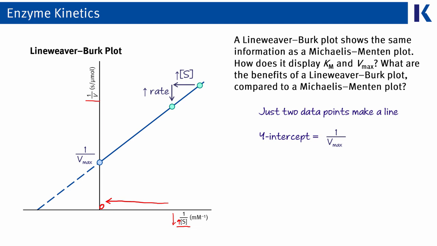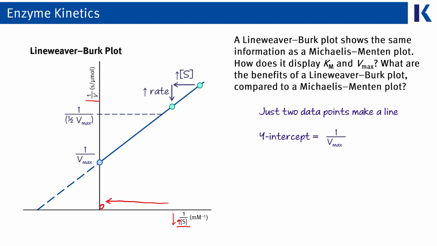The half-max value is actually found twice the distance above the Vmax value. You can think about this algebraically. If I put a half in the denominator of a fraction, that becomes 2 times the fraction overall. So we double the 1 over Vmax value. The point is, just like on a Michaelis-Menten plot, we've now found the half-max value on our Lineweaver-Burke plot.